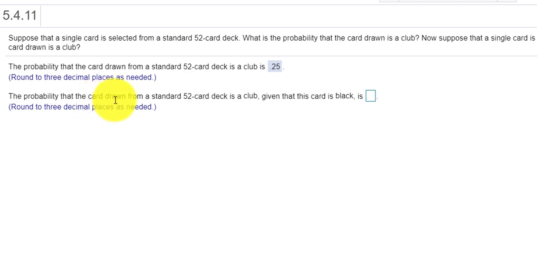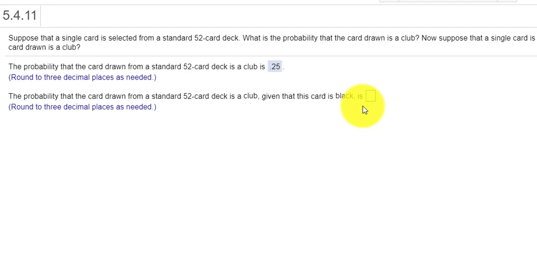Next, the probability that a card drawn from a 52 card deck is a club, given that the card is black. Okay, so we know that the card is black, so we can eliminate half of the deck. We can eliminate the diamonds and the hearts. So we're drawing from the 26 cards that are black, 13 clubs, 13 spades.